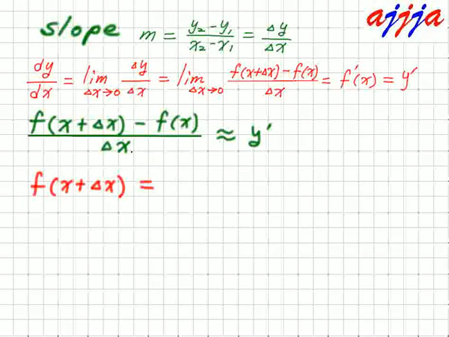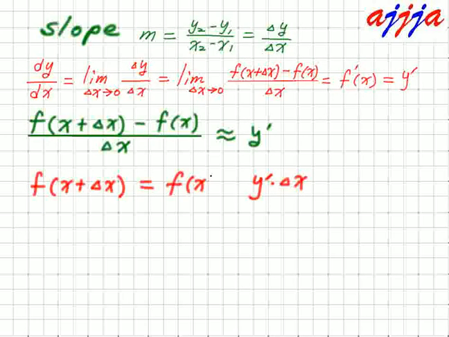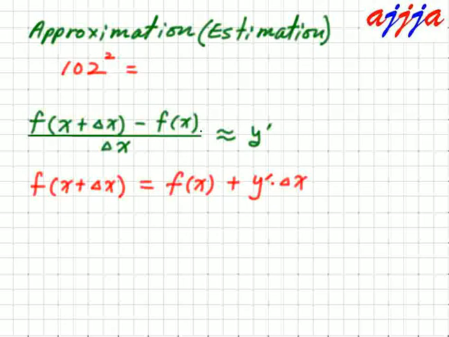I move this first. This was divide, now times, so y prime, which is the derivative, times delta x. I just multiply. Then I move this to the right-hand side, which is f of x, and this is going to be plus. You understand, right?